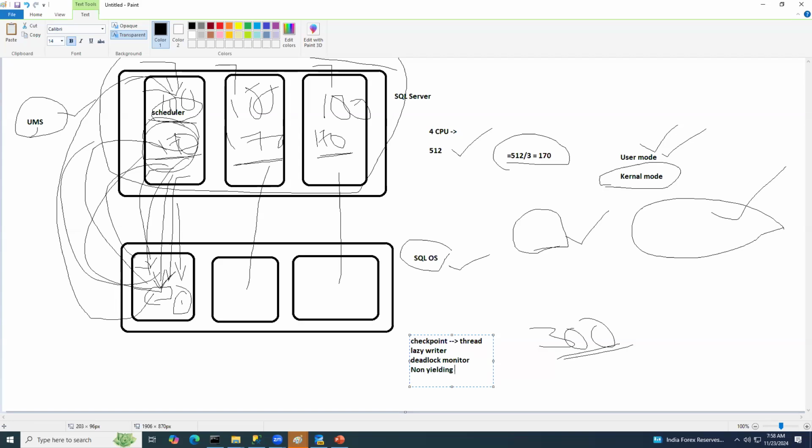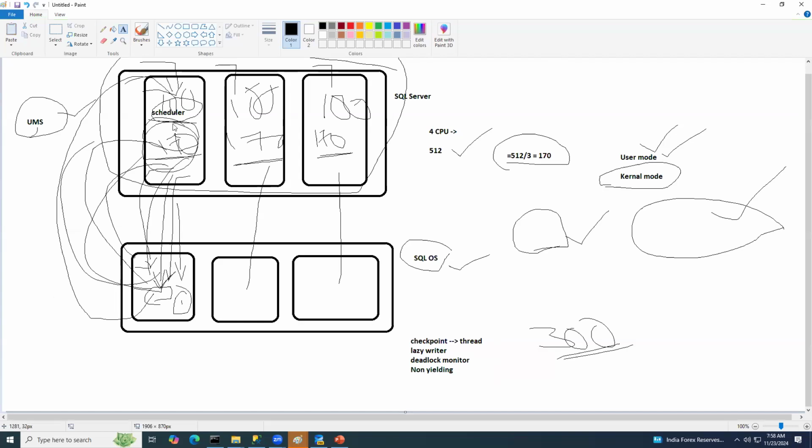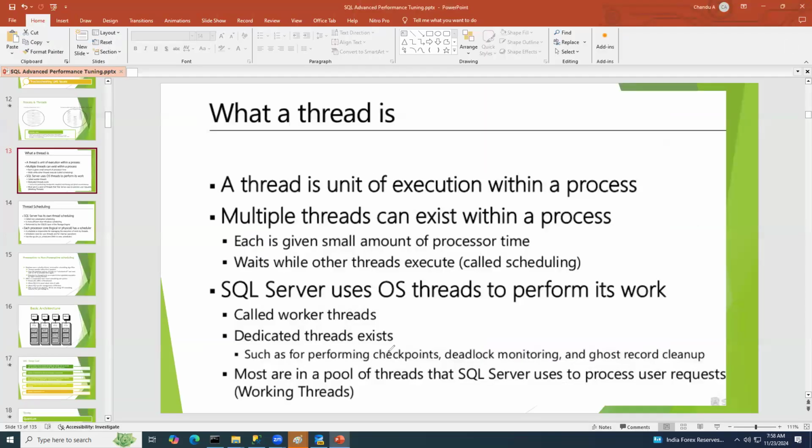Non-yielding is basically a thread that is spawned and executed on the CPU, but this thread is not yielding. What is yielding? Yielding is basically coming out of the CPU. We will talk about that in a bit. But for now, understand that if the thread is not yielded, that also has to be monitored by the non-yielding scheduler monitor. So we will talk about this. Deadlock monitor and ghost record, whatever it is, we will have a dedicated worker.